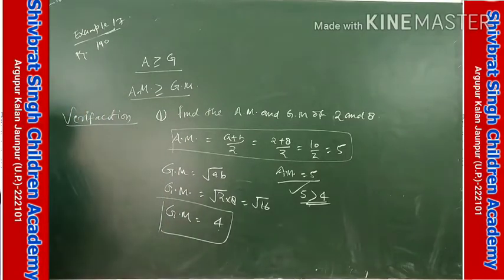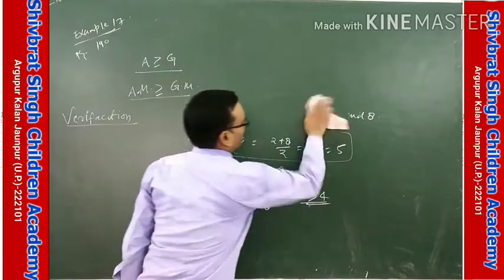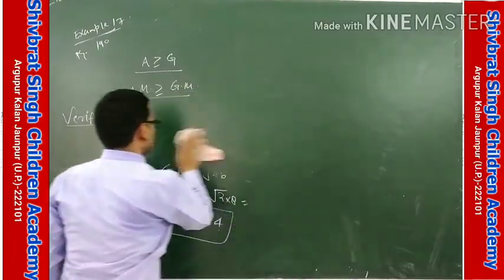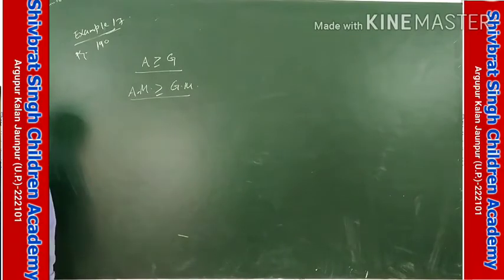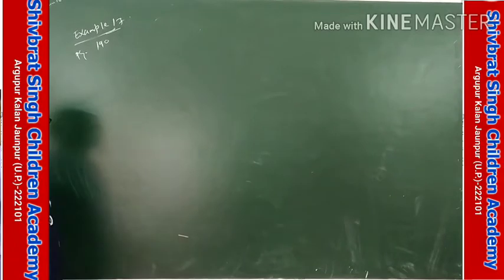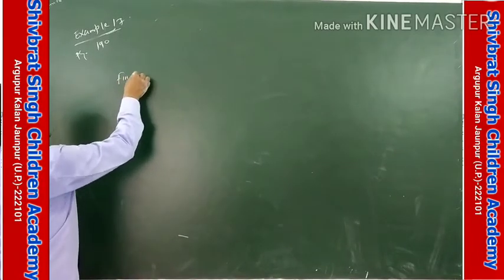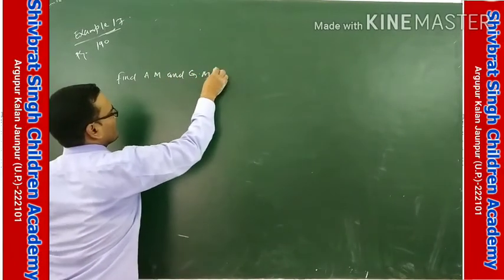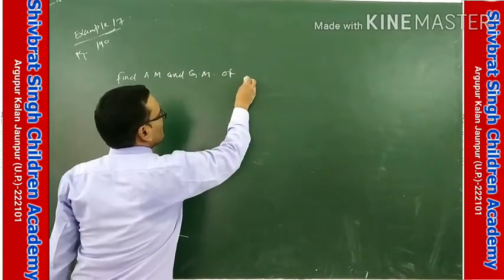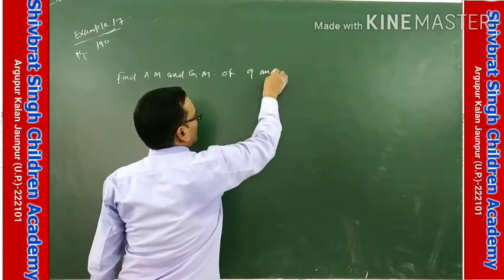Next example. We also verify by the formula that A is greater than or equal to G. This is the relationship between arithmetic mean and geometric mean. Find the arithmetic mean and geometric mean of 4 and 9.